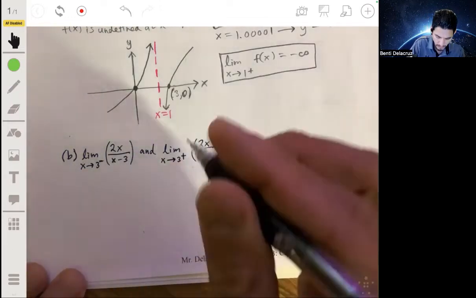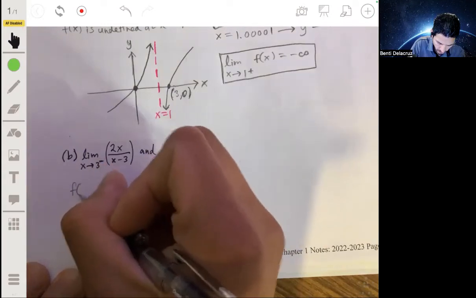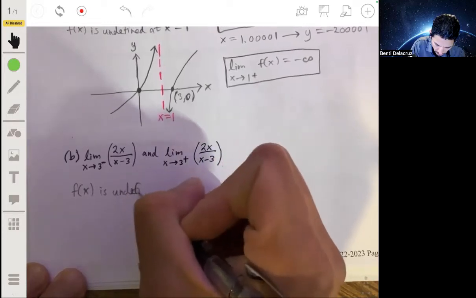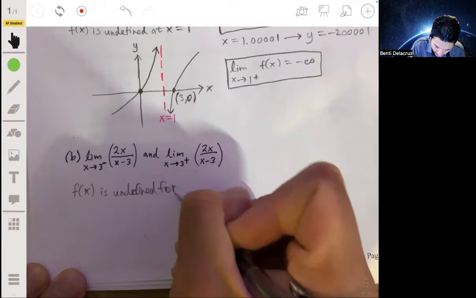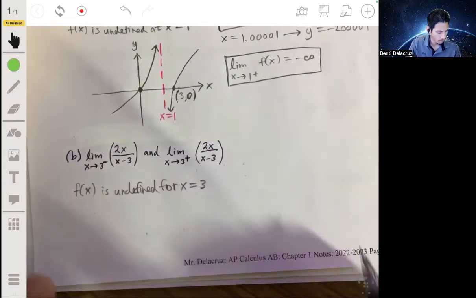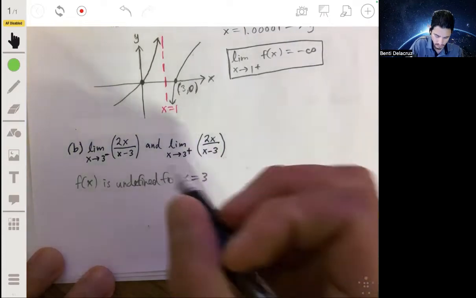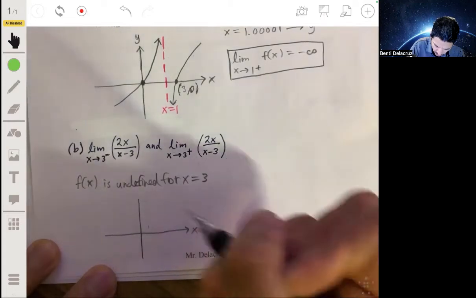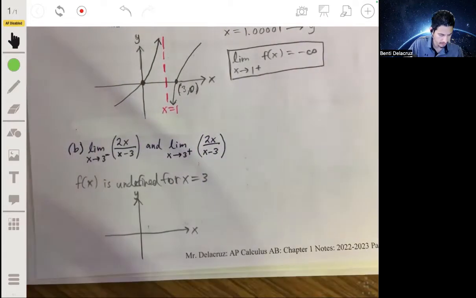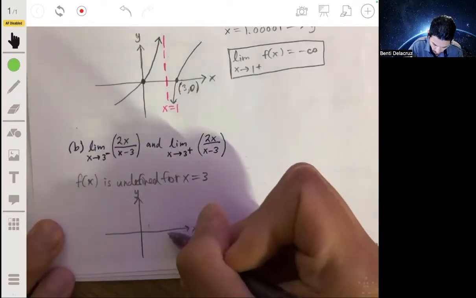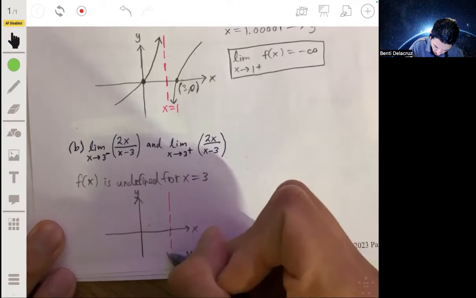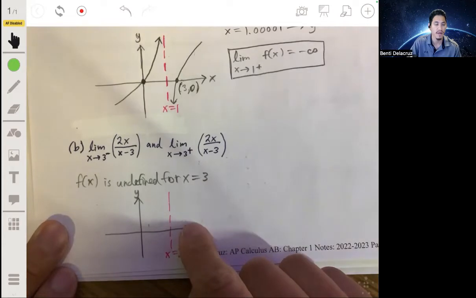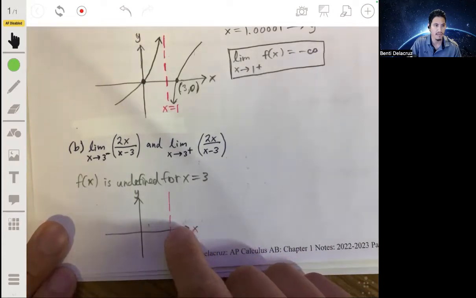We know this is going to be undefined for x equals 3, so the graph is going to have an asymptote at x equals 3. We want to see what's going on as we get very close to this asymptote from the right side and from the left side.